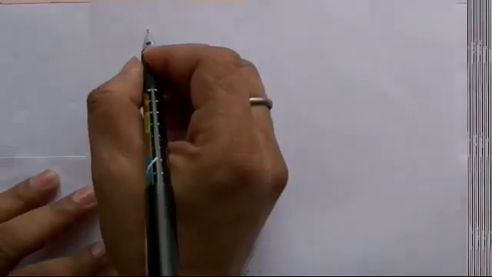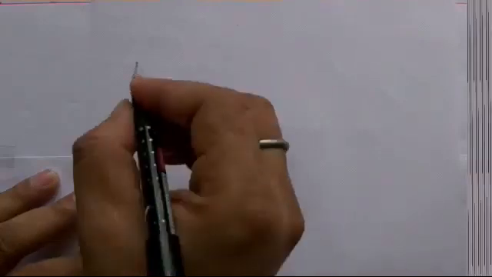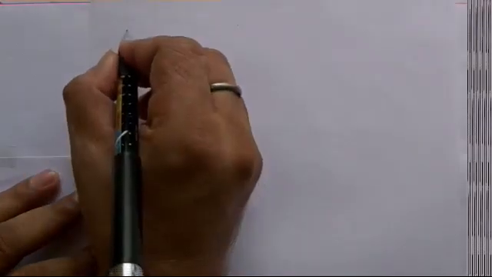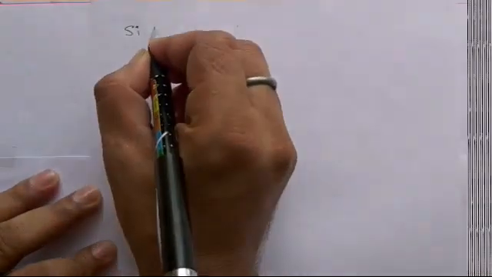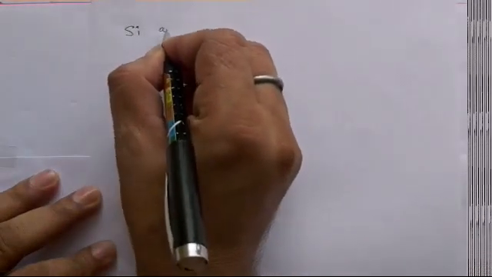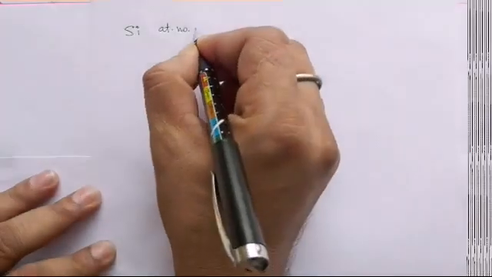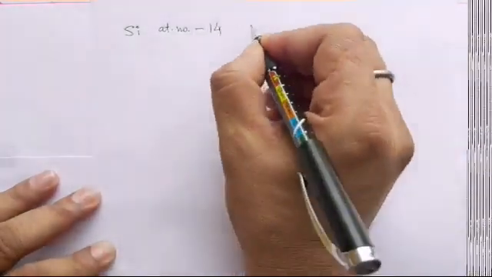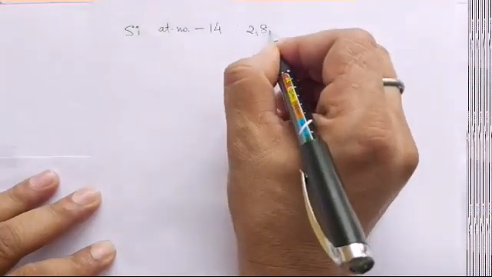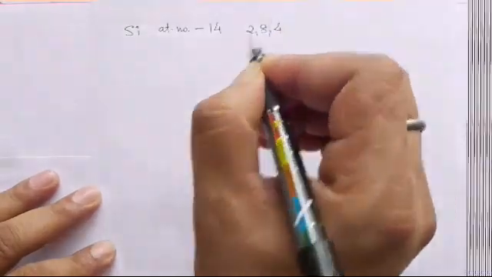Okay, let's understand why they are doping those elements. First, we will consider silicon. Silicon, symbol Si. Atomic number of silicon is how much? 14. So electronic configuration 2, 8, 4.